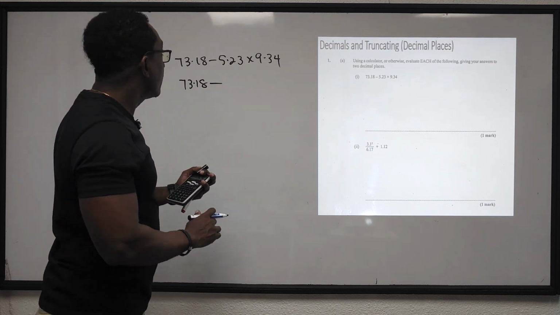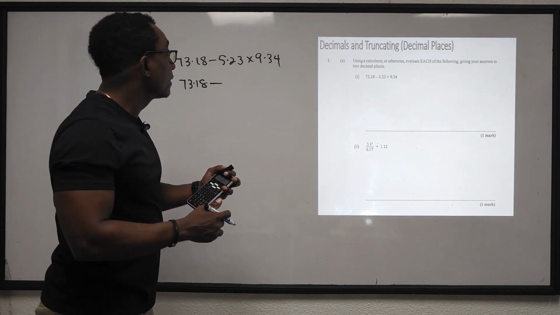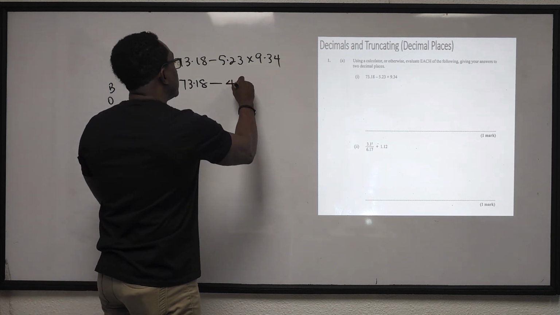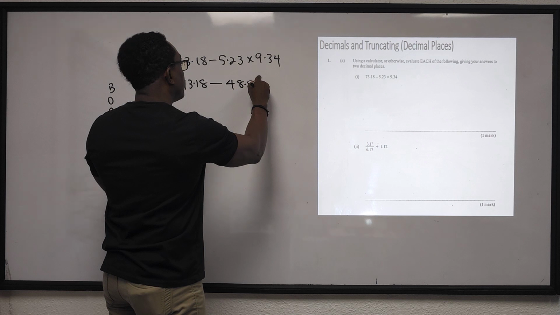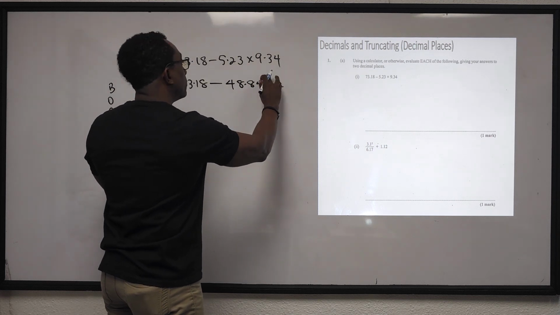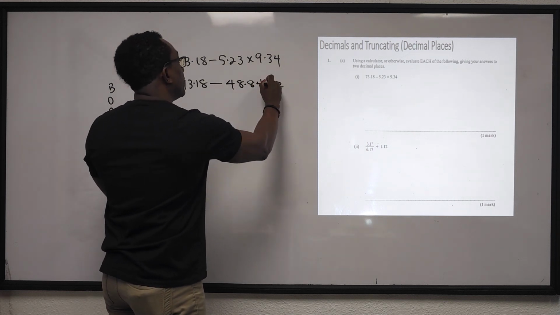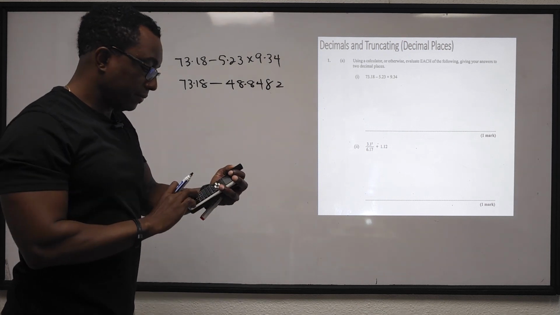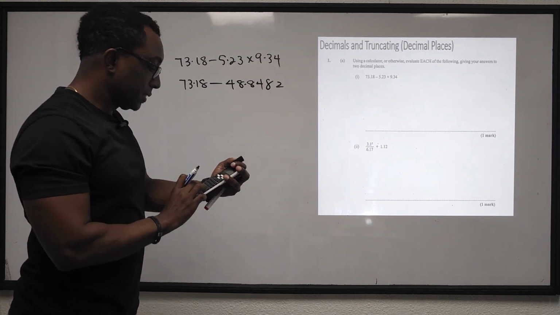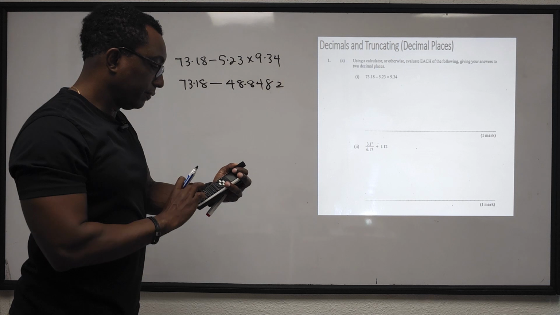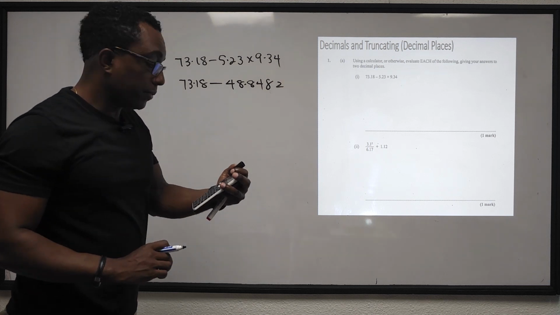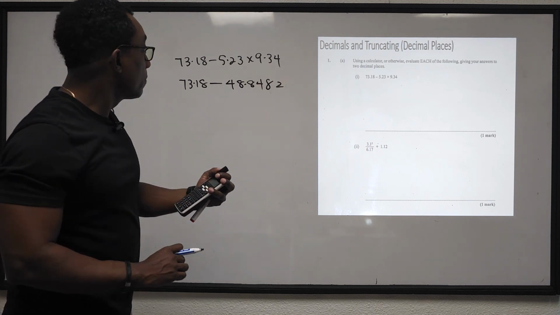And we put down all the digits we see on our calculator. This is 48.8482. Let me double check that. 5.23 multiplied by 9.34. Yeah, 48.8482.